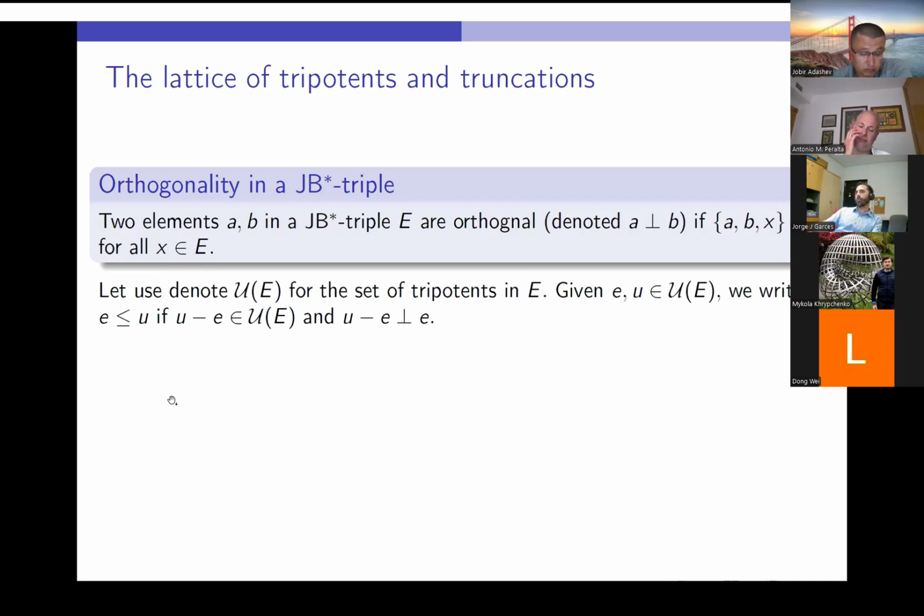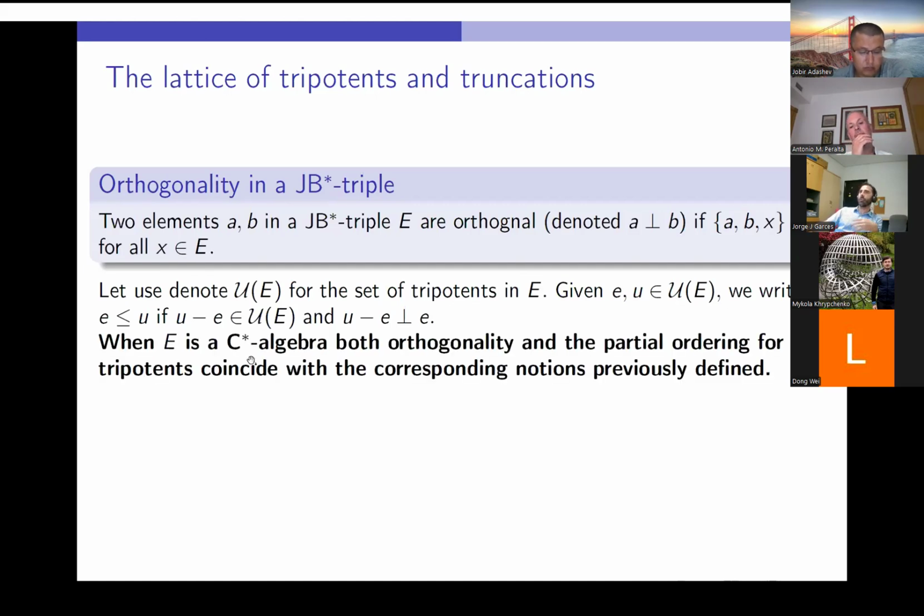We can define a partial order in the set of tripotents in a JB*-triple. It is the same definition as in the C*-setting. So if we take two tripotents, a is less or equal than b if b minus a is a tripotent which is orthogonal to a. So this is a partial order. And observe now that this notion of orthogonality coincides with orthogonality in a C*-algebra. And this partial order for tripotents coincides with the partial order for partial isometries in a C*-algebra.